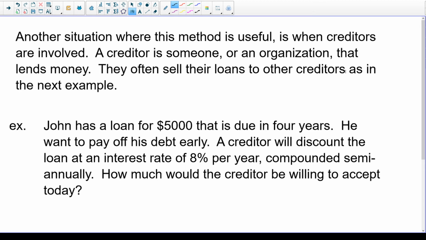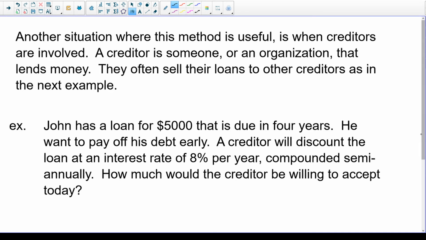If you want to pay off your loan early, that creditor might say, we'll sell your loan off to another creditor and they'll help you out. That creditor might say, we'll give you a higher interest rate but compound it less, or we'll give you a lower interest rate. It depends on how the creditor wants to help you out, because they want to make some money off of this as well.